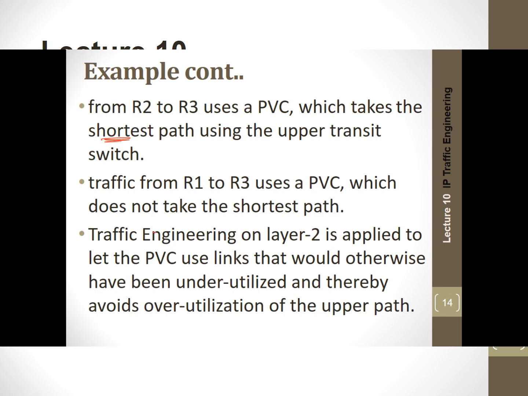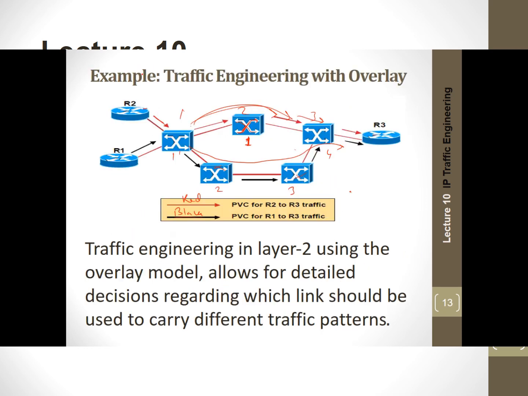So what is traffic engineering doing here on layer 2? It is applied to let the PVC use links that would otherwise have been underutilized. If we did not apply traffic engineering in this scenario, all the traffic would prefer using the R2 to R3 red side.